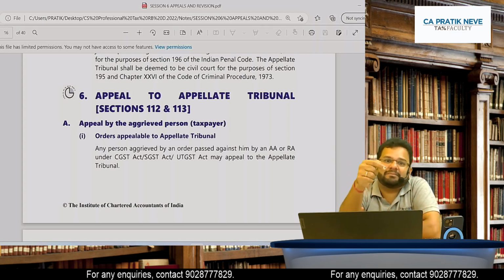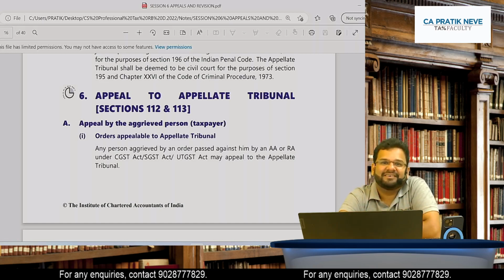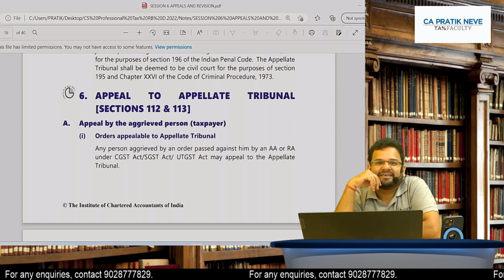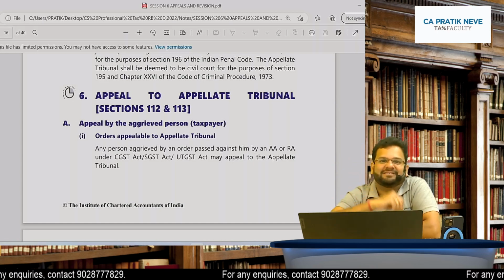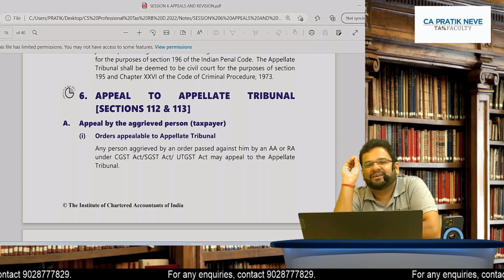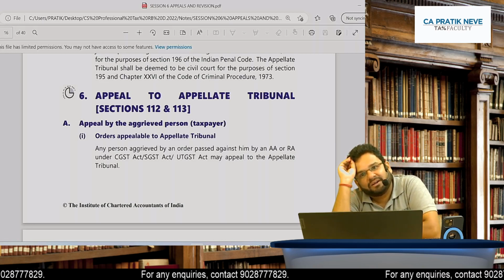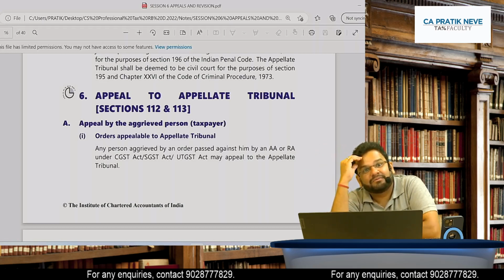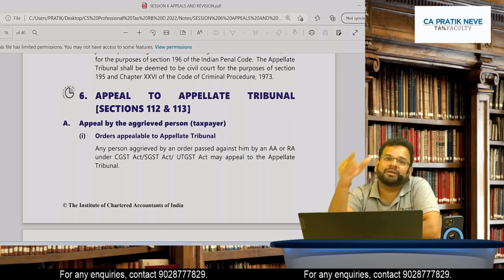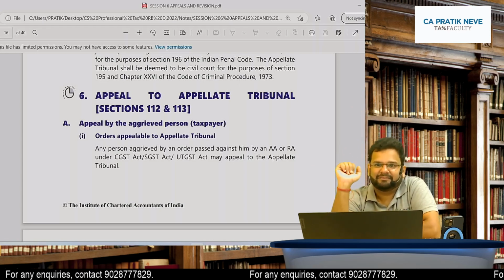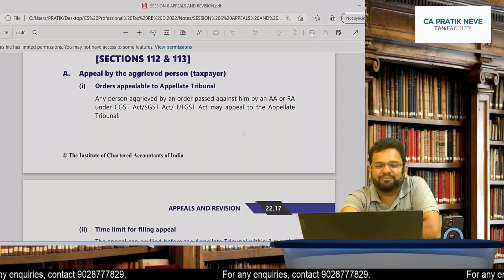Now that party becomes the aggrieved party. Can they go to the appellate tribunal and cry in front of them? Yes. In simple language, in front of the appellate authority, only the assessee in GST can cry. But in front of the appellate tribunal, both have the crying power. See, that's the point.